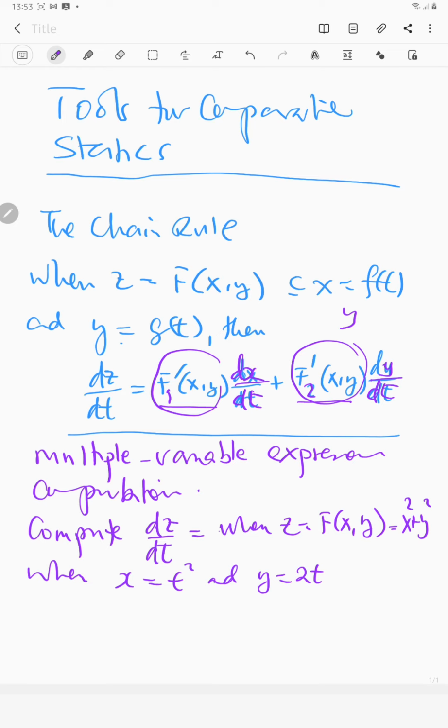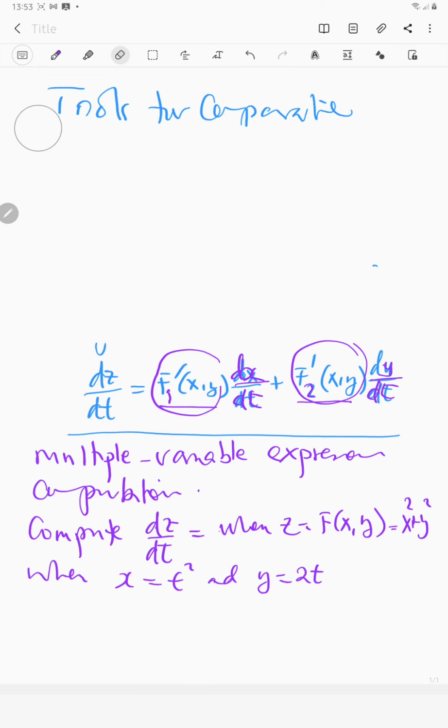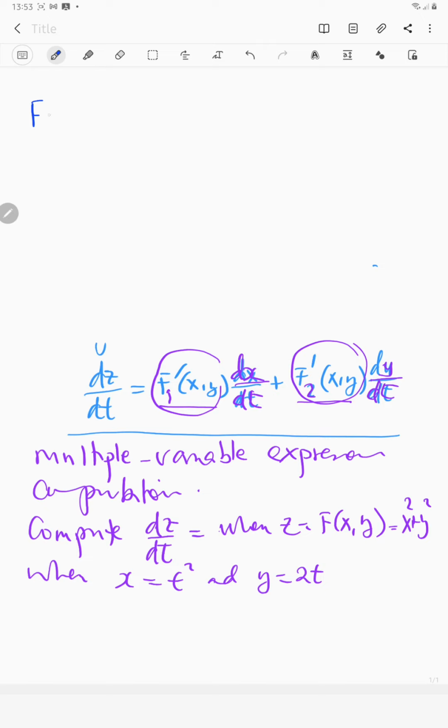Looking at this statement, we can use the equation which we have drawn here to determine the value.